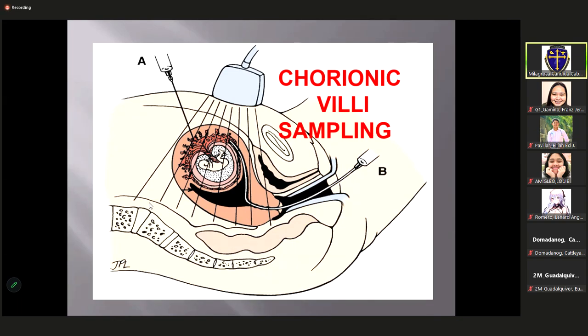So, a thin plastic tube is inserted also with the help of ultrasound through the vagina and cervix to reach the placenta. Okay? So, pwede din siya i-insert dito through the vagina and then through the placenta but with the guidance of an ultrasound. It will also detect birth defects, genetic diseases. And this is usually done 8 to 10 weeks of pregnancy.